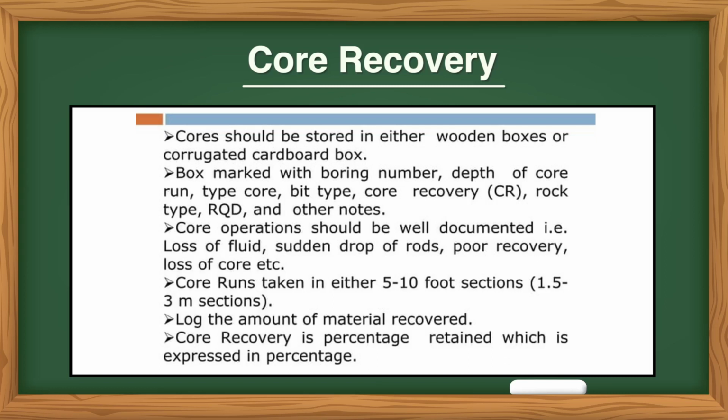Core operation should be well documented: loss of fluid, sudden drop of rock, poor recovery, loss of core, etc. Core runs are taken in either 5 to 10 foot sections or 1.5 to 3 meter sections. Log the amount of material recovered. Core recovery is the percentage retained, which is expressed in percentage.